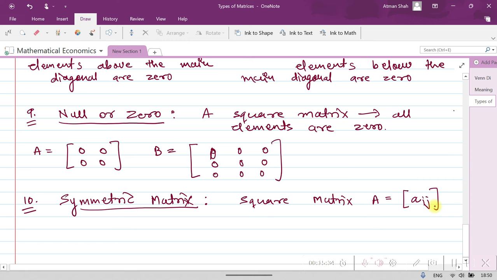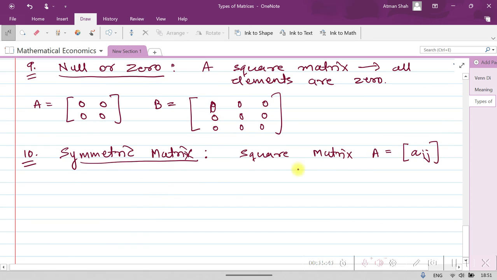This is square matrix. A symmetric matrix is a matrix if Aij is equal to Aji.